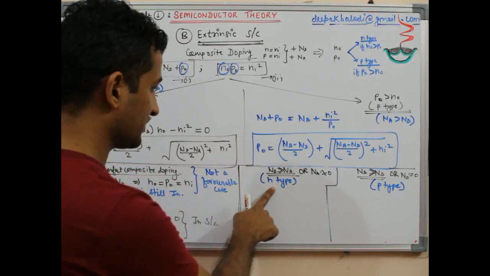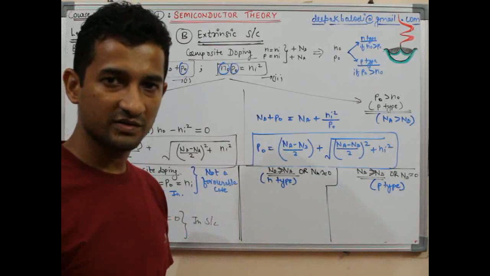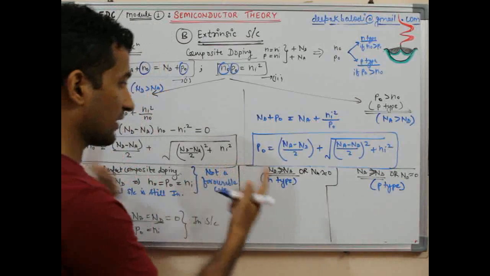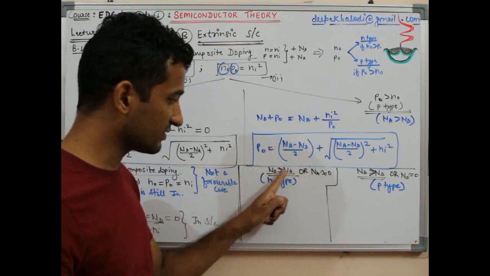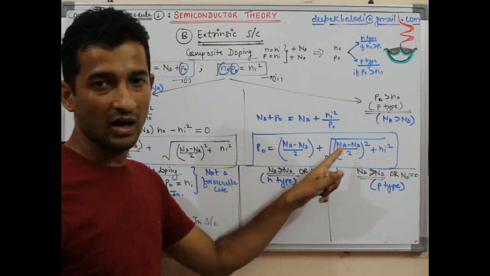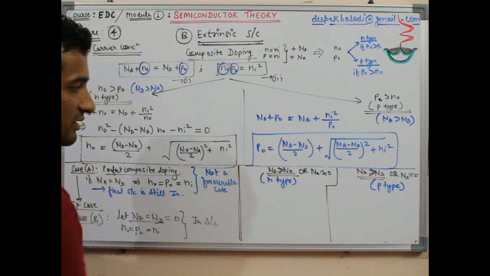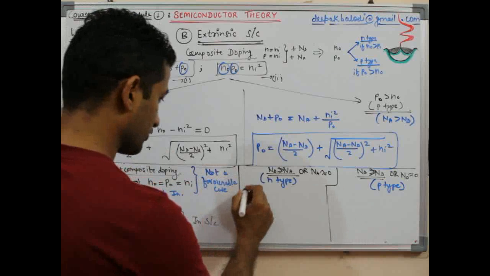If it is the case, then we are mainly interested in majority carrier concentration first. So we'll try to use this first. The other one is not relevant here because then it is Na minus Nd, and Na is less than Nd, so it will make it negative, and therefore it is illogical to proceed in this way, and anything negative is not possible. So we'll be trying to use this.